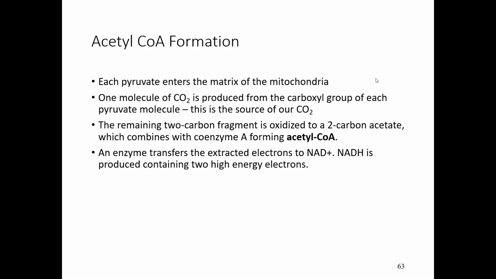It's going to form CO2. So the first CO2 comes off as soon as the pyruvic acid enters the mitochondria. And this is all considered part of the Krebs cycle.